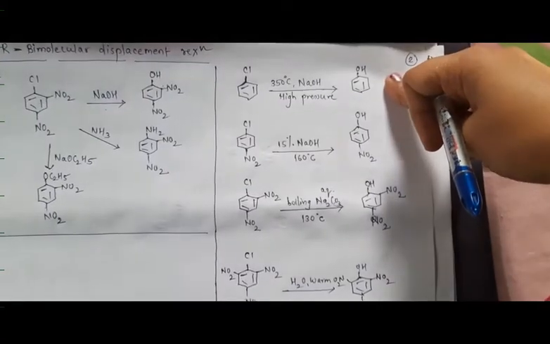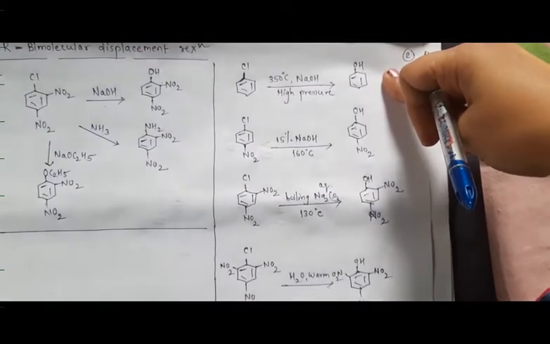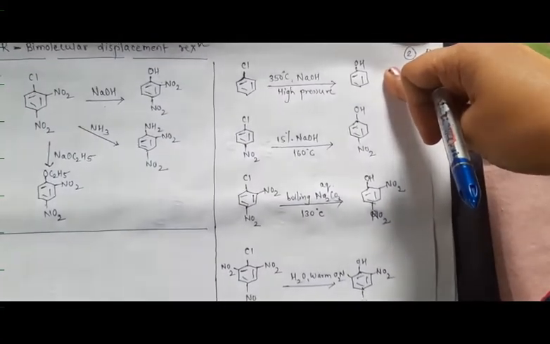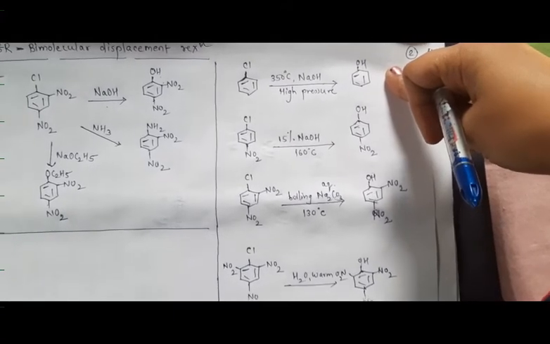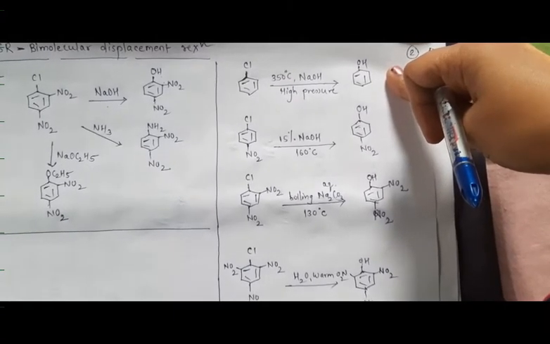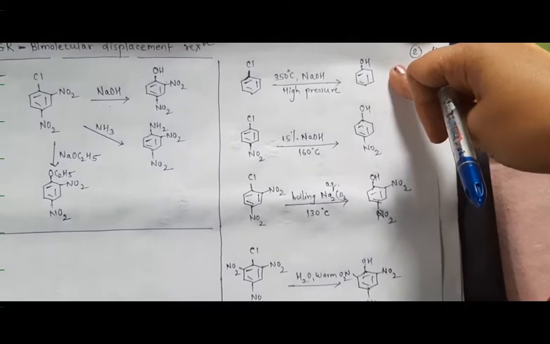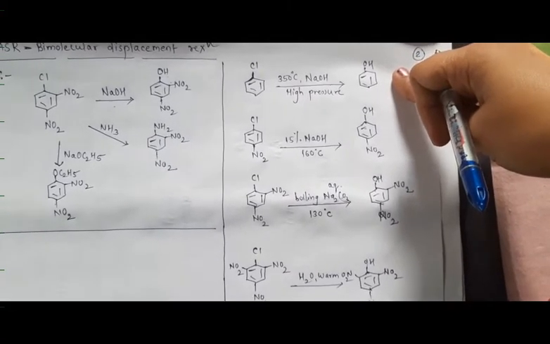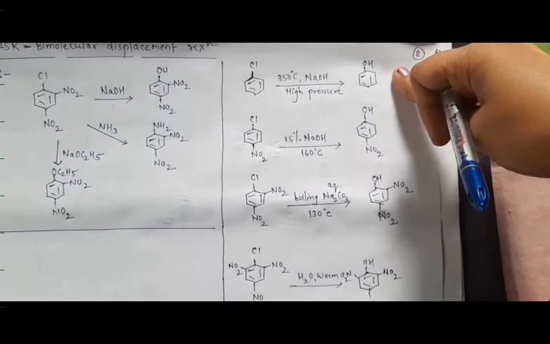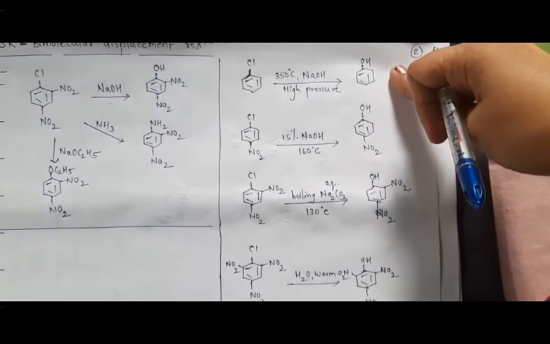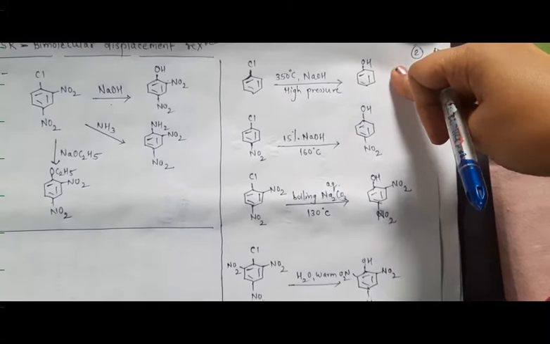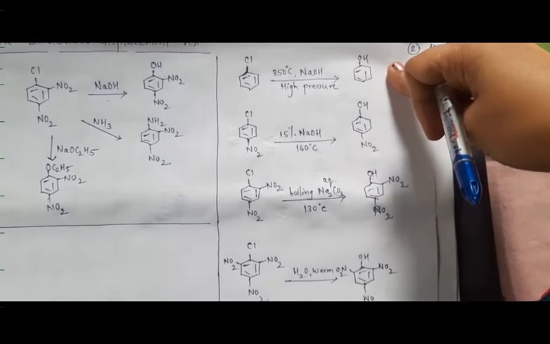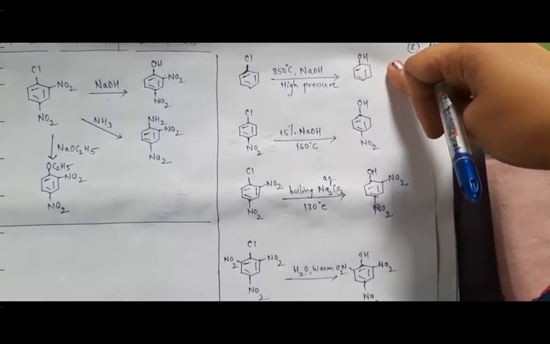Whereas the last point which we all have seen, the nucleophilic aromatic substitution reactions, especially the bimolecular displacement reactions, are favorable enough when you have an aryl halide attached to an electron withdrawing group and that position of the electron withdrawing group is ortho and para, then it makes a good candidate for the reaction to occur.